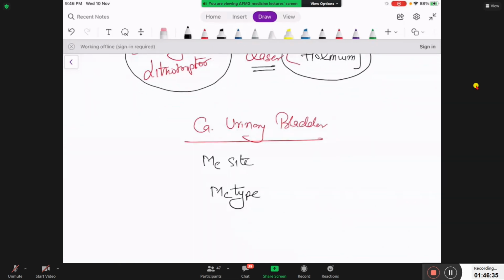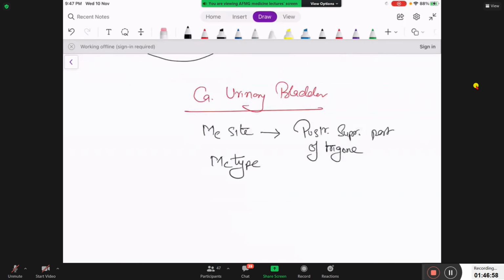Most common site of carcinoma bladder is the posterior, superior part of the trigone of the bladder.